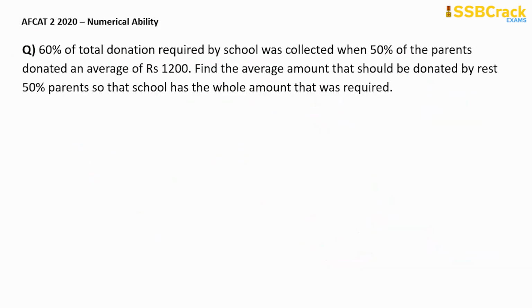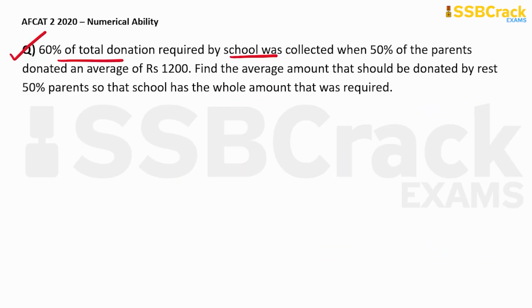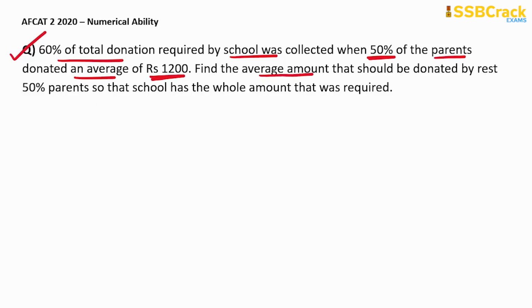The next question states that 60% of the total donation required by a school was collected when 50% of parents donated an average of 1200 rupees. Now find the average amount that should be donated by the rest of the 50% of parents so that the school has the whole amount that was required, right?